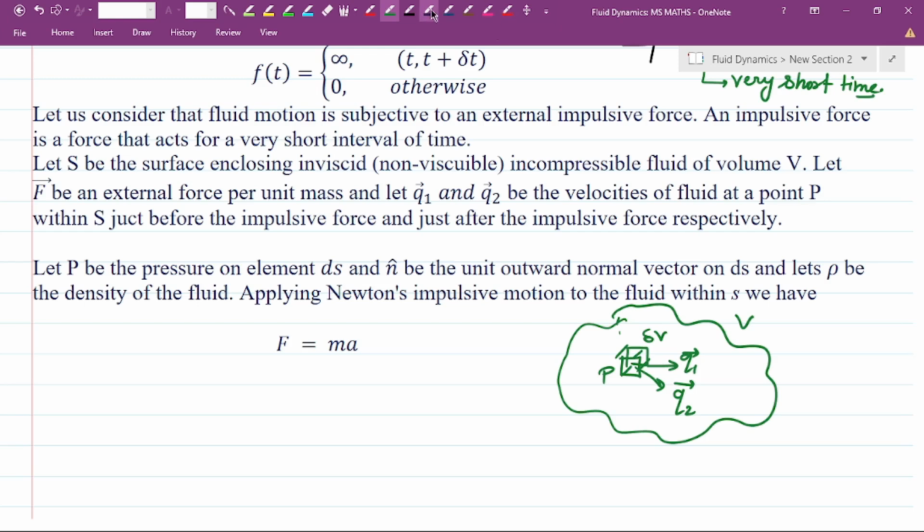I have one small surface element dS, where the pressure is P and the normal is n cap.